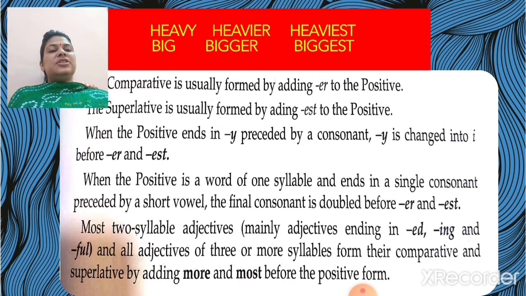Most two-syllable adjectives, mainly adjectives ending in ed, ing, and ful, and all adjectives of three or more syllables, which are long enough and have more stresses, more sounds, more syllables, form their comparative and superlative degrees by adding more and most before the positive form.